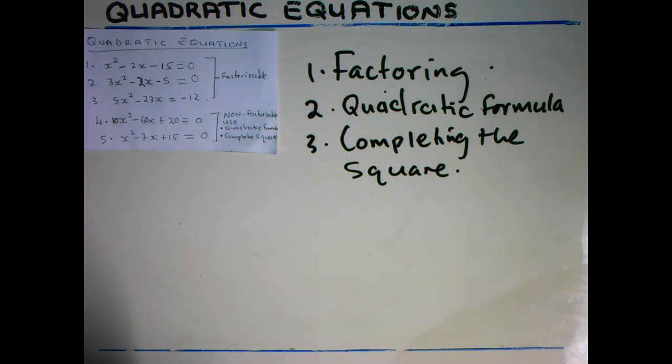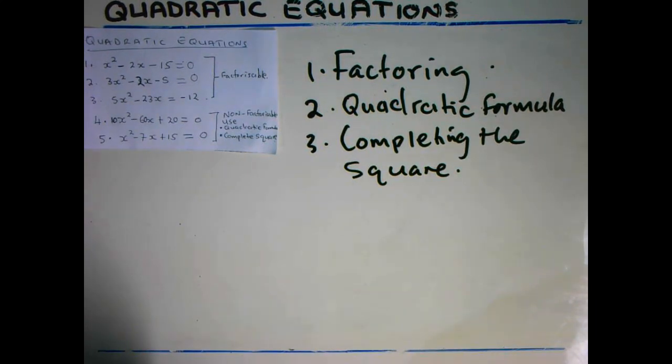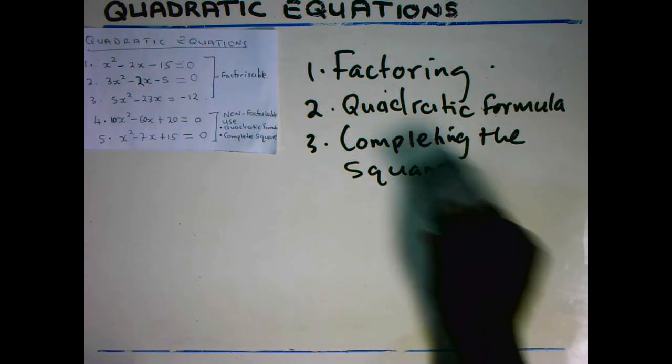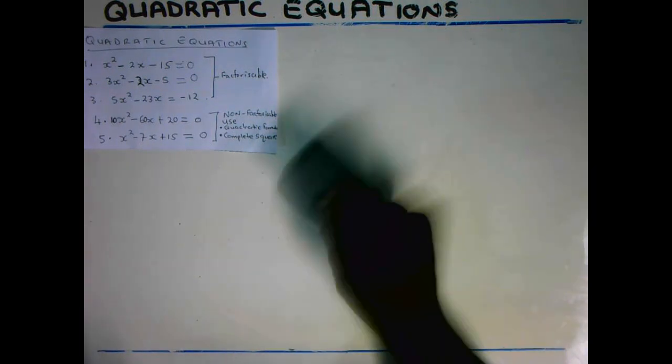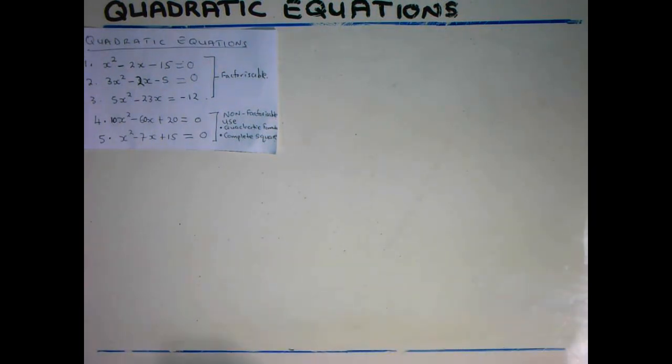Finding the zeros is finding the roots, or the value of the unknown that will satisfy the equation. So that is very, very important for you to know all the 3 methods. Now let us start with the factoring method.